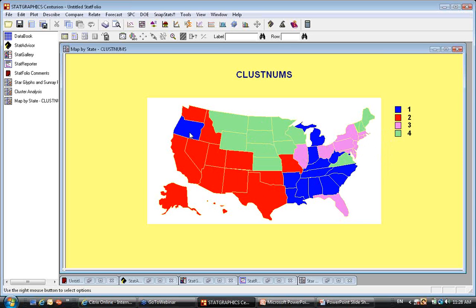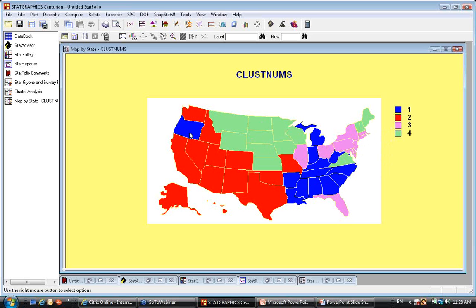Incidentally, I was real curious about Oregon, why it didn't appear to be similar to the rest of the western states. Turns out that Oregon actually has a lot of manufacturing. If you look at the percent of the GDP in Oregon that has to do with manufacturing, it's really quite high.